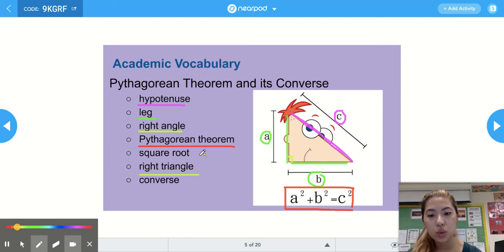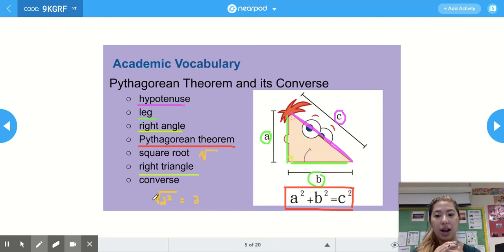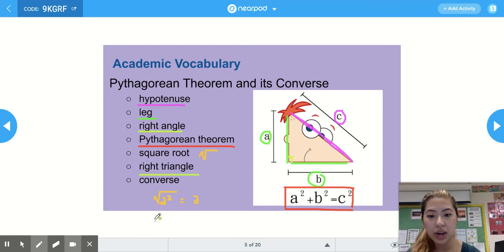We use the square root to solve if we know the area, but we're trying to find the specific side length. So, for example, the square root of a squared is equal to just a, since the square root and the square cancel each other out. And if we use a number there, let's say we have 3 squared, 3 times 3 is 9.